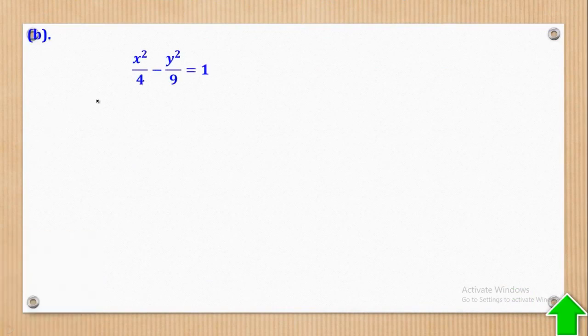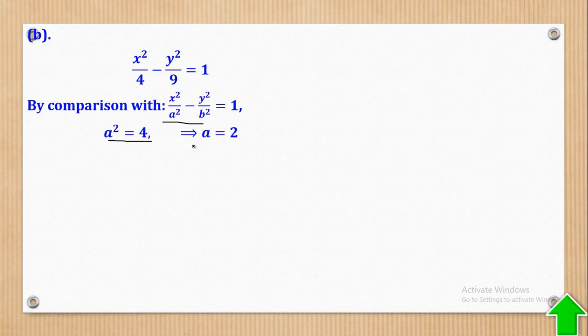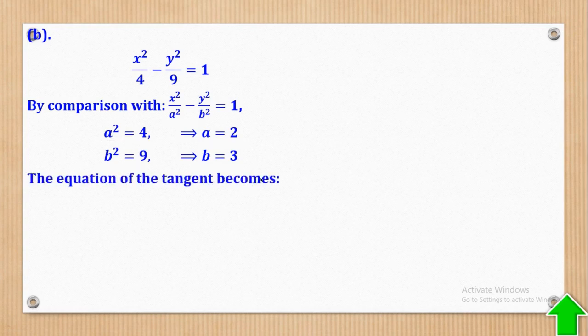So that's the given hyperbola. And by comparison with this general equation of the hyperbola, we shall realize that a squared is this and therefore a is that. Also b squared is this, implying that b is that. So we take only the positive values in this case.